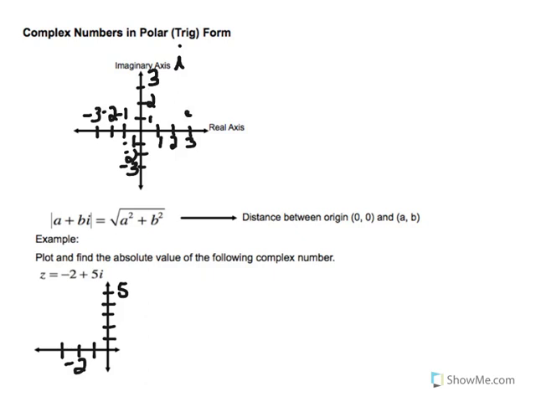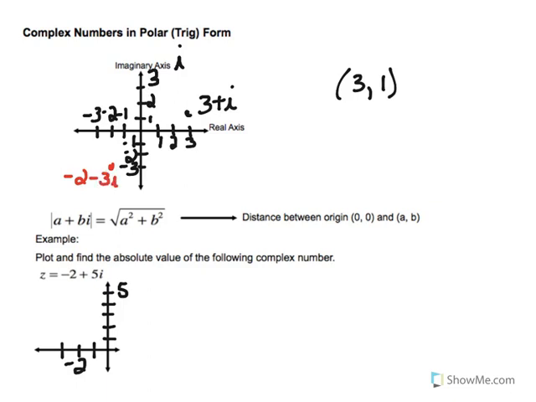For example, this point here would be 3 plus i, so similar to 3 comma 1. Do a different color for the next one. Another point could be -2 minus 3i.